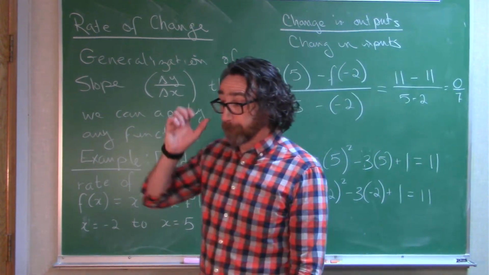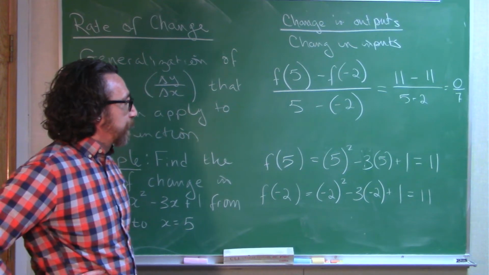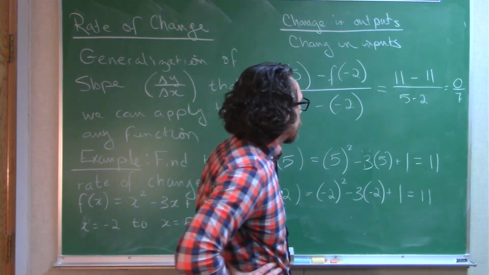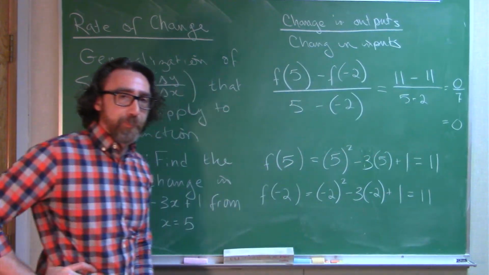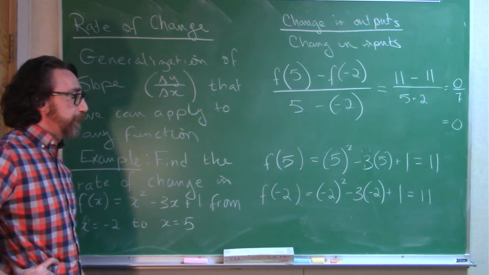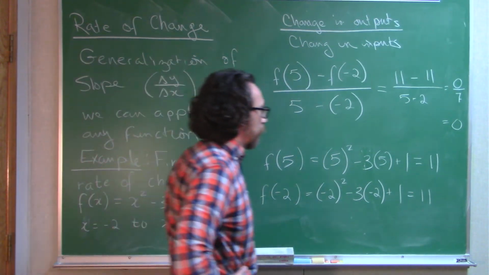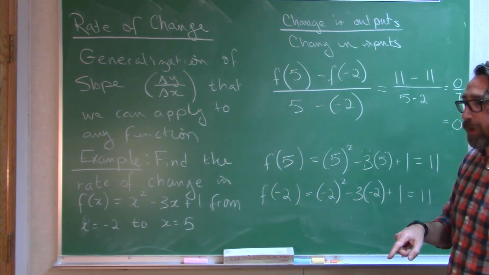So, what we've got here is a rate of change of 0 from x equals -2 to x equals 5. So, between those two x values, the rate of change is 0.